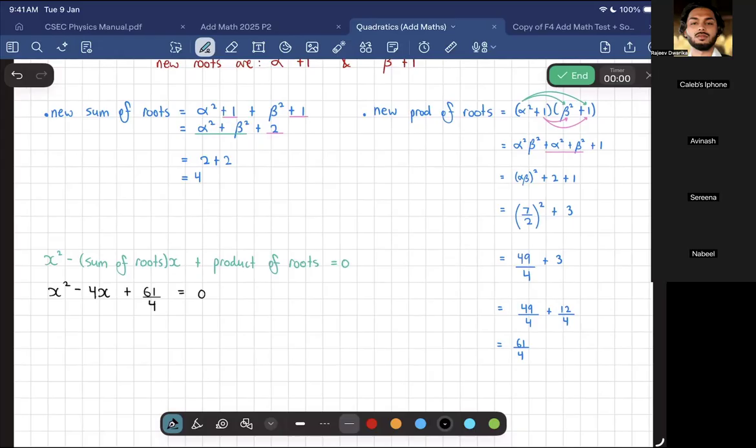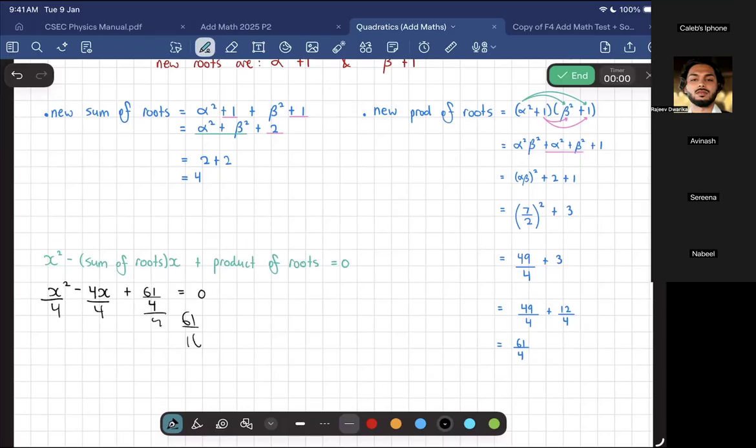No. If you divide by 4, you're going to cause a problem because you'll end up with x squared over 4, 4x over 4, and then 61 over 4 over 4, which will be 61 over 16. So if I want to get rid of the 4, right now 61 is being divided by 4. What is the opposite of dividing by 4?